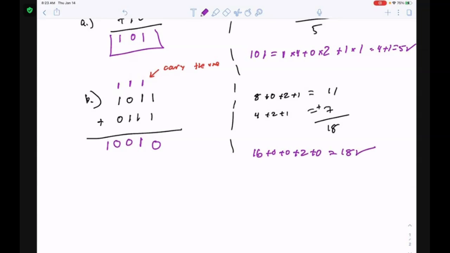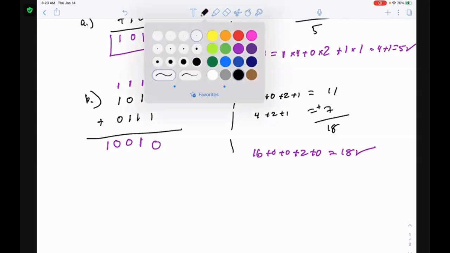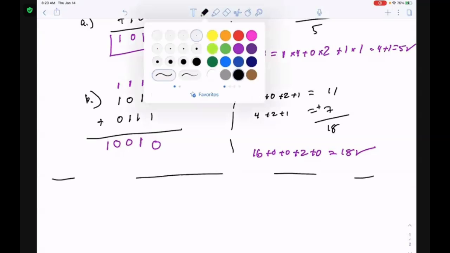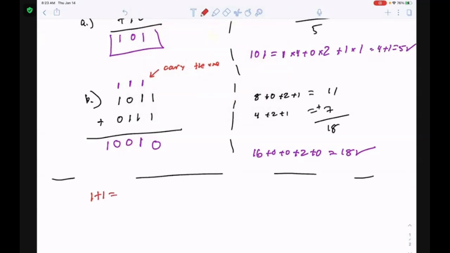I'm not going to ask you to check the work. All I'm going to be asking you to do is do the math that's right there. Okay? So remember, the hardest part of this work is that 1 plus 1 is 10, and 1 plus 1 plus 1 is 11.